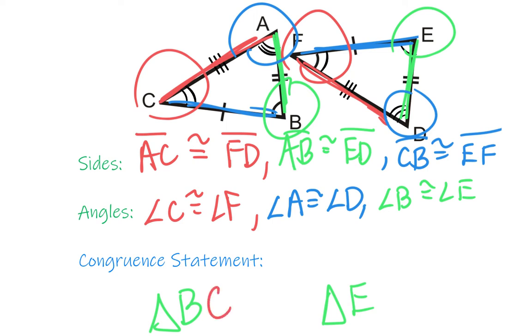So if I go to C, then I would next go to F. And then the only other letters that we said were matched up were A and D. All right, so you might have completely switched it. You might have had A, B, C, but then you would have had D, E, F over here. As long as A and D are lined up, B and E, C and F, you can have them in any spot. You just got to watch your order.